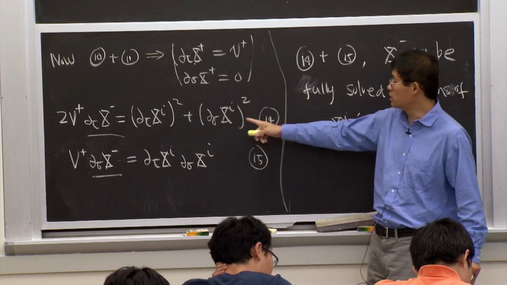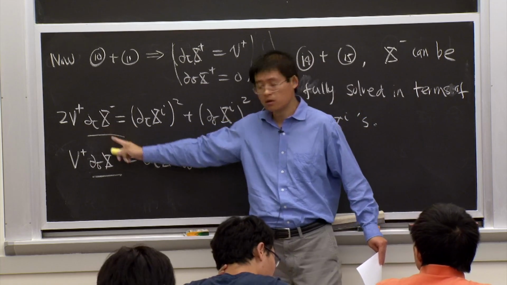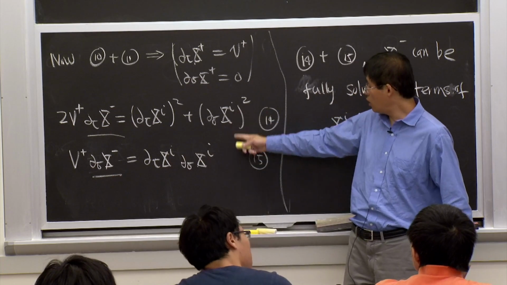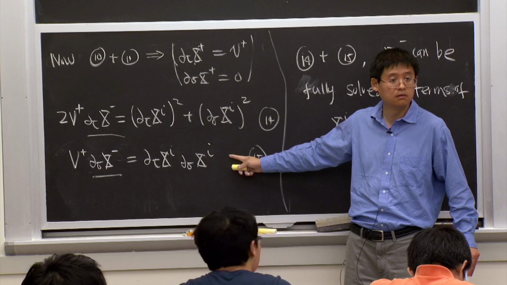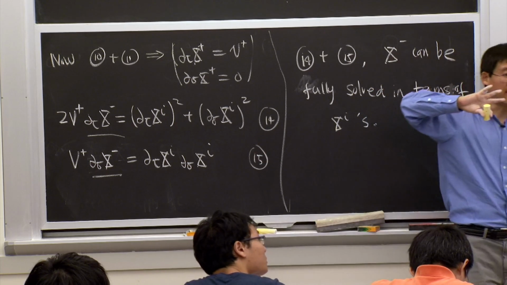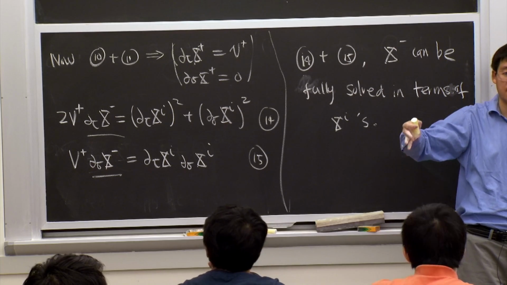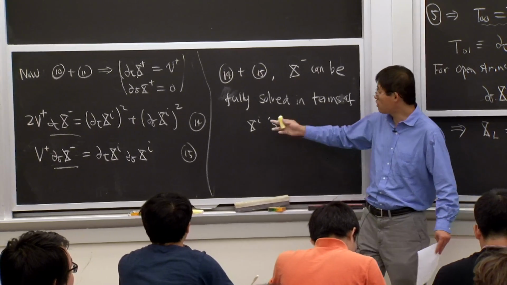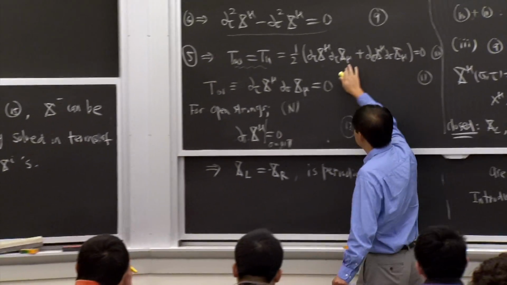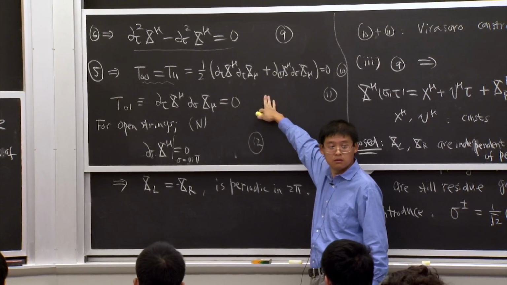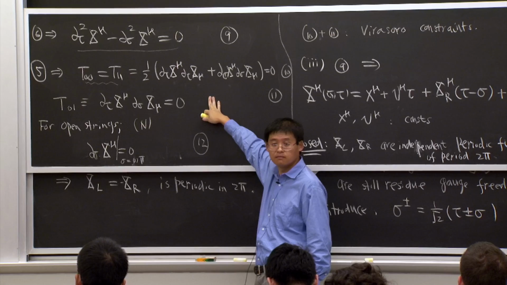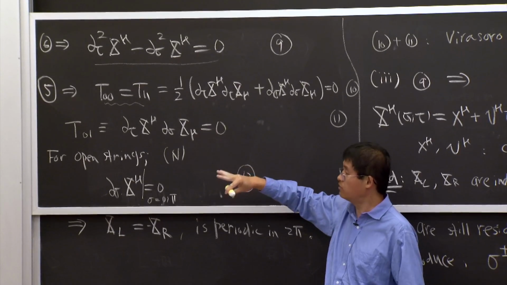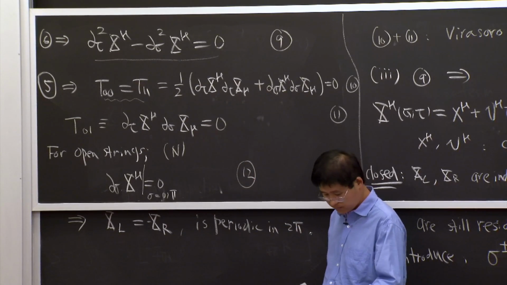Because this equation gives you the tau derivative of x minus. This equation gives you the sigma derivative of x minus, and all expressed only in terms of xi. So the x minus is completely expressed in terms of xi. And then we have solved those constraints, similarly the elastic constraint, explicitly. Okay? So right now we are going a little bit fast. I urge you to go through the algebra yourself to appreciate the beauty of this step.